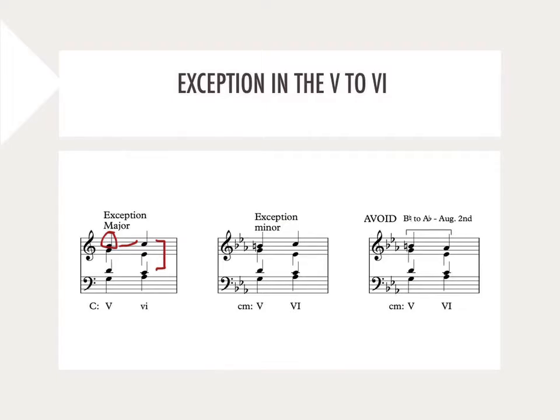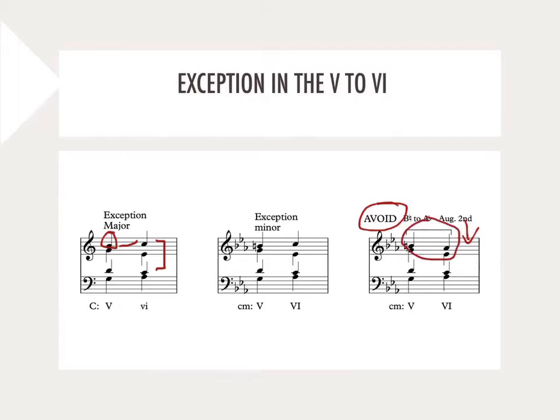Let's look at what to avoid in minor. If you use the given method where you go the upper three voices opposite the direction of the bass, so the upper three voices would go down, the B would go down to an A flat, the G to an E flat, and the D to a C. This is an augmented second.